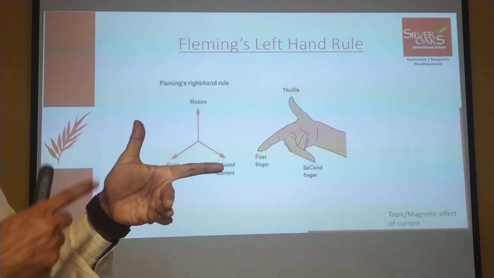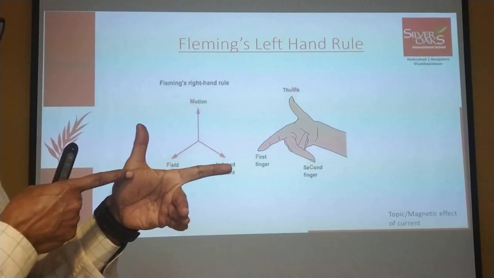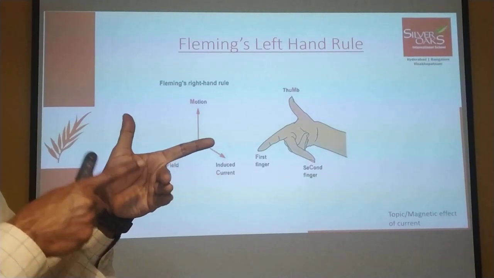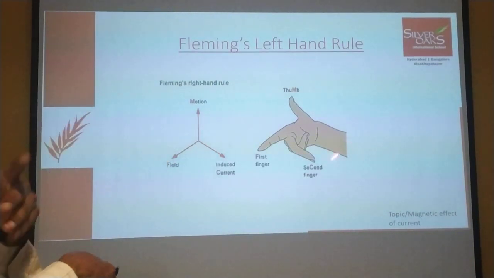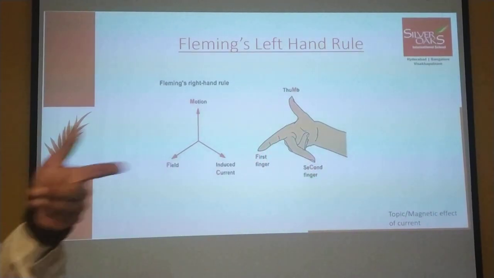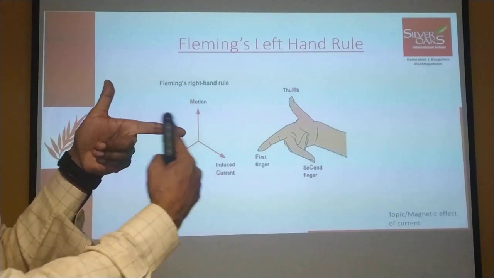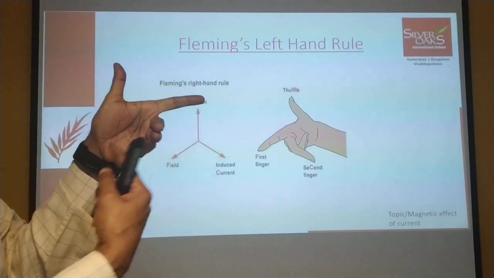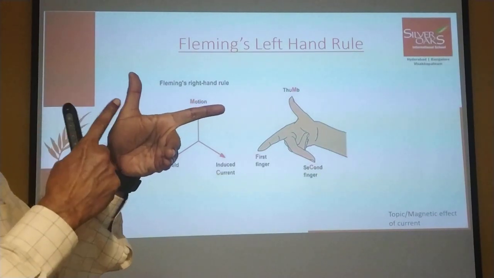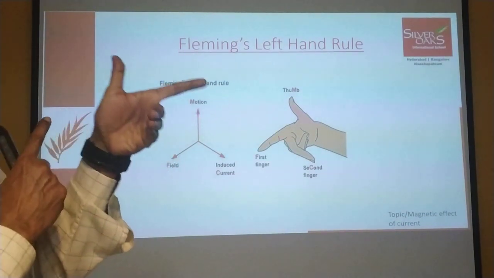Assume the current is flowing through the second finger, C for current. The first finger, F, represents the field. Your thumb will represent the direction of force or direction of motion.